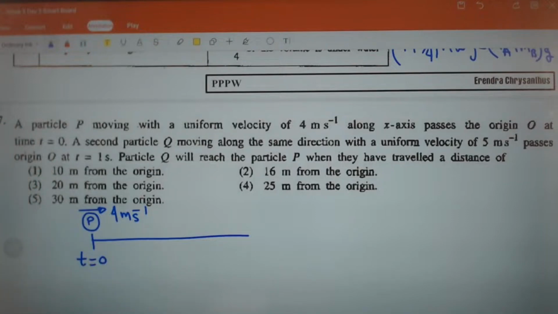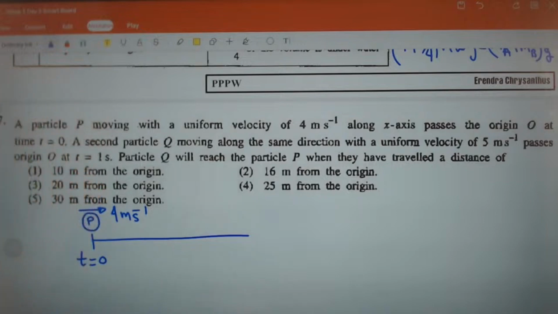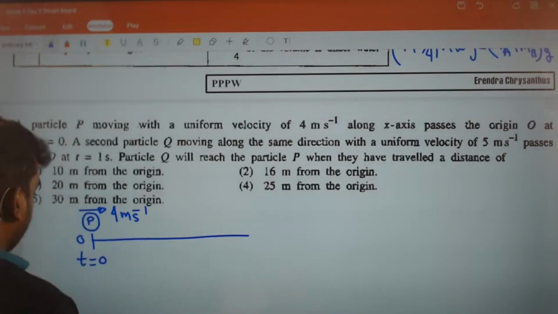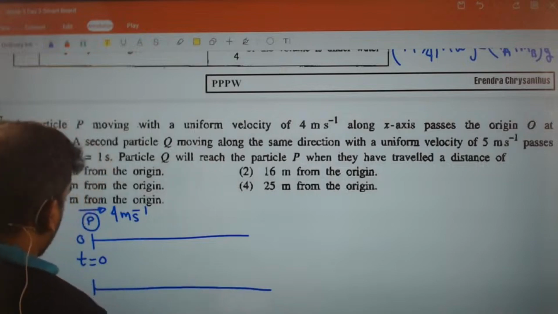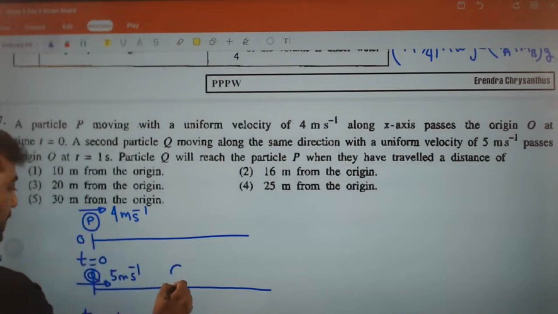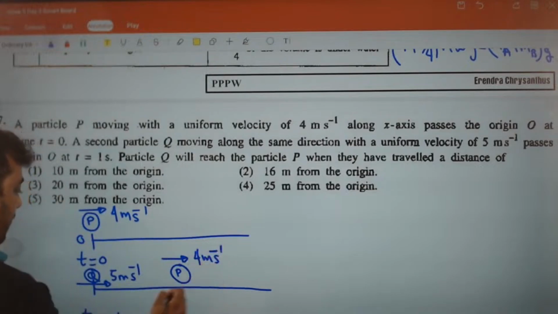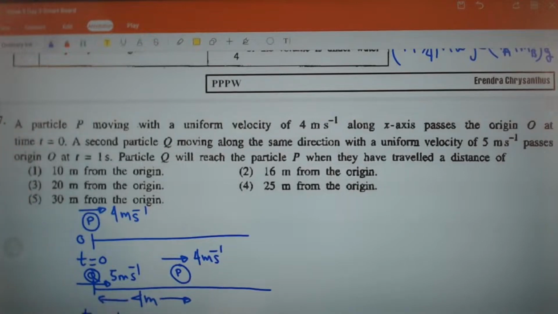A second particle Q moves along the same direction with uniform velocity 5 and passes origin O after 1 second. After 1 second, P has already gone. At t equals 1 second, Q is passing here with 5 meters per second. In 1 second, P has already traveled 4 meters per second, meaning 4 meters, right?